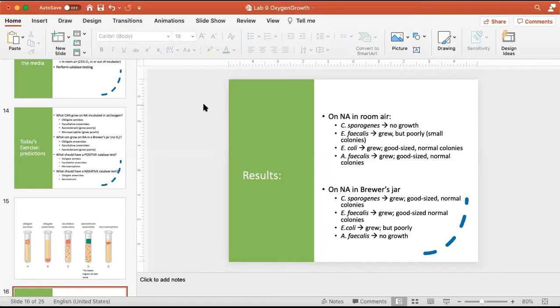First of all, let's talk about the nutrient agar plates. Remember, I spread cells for each one of our 4 organisms on 2 different nutrient agar plates, 2 plates for each organism. I took one of the plates and put it into the incubator in room air.